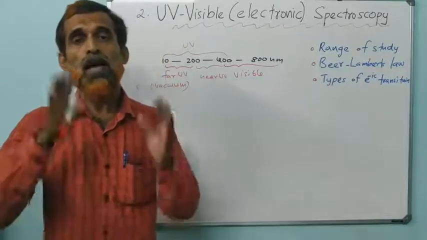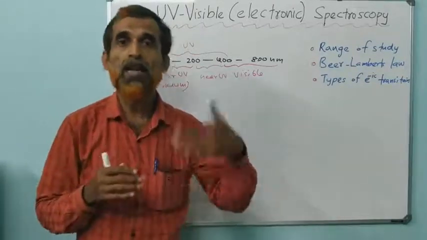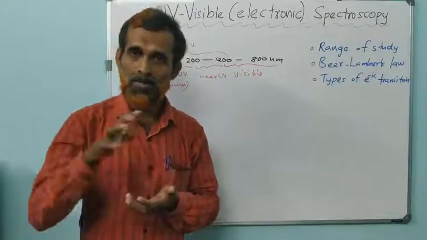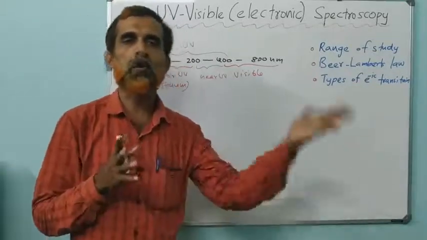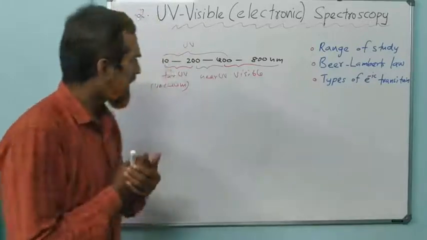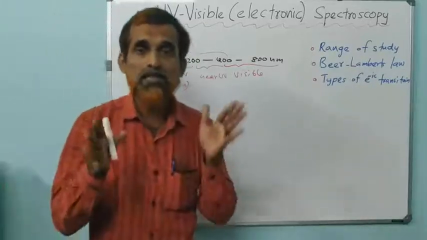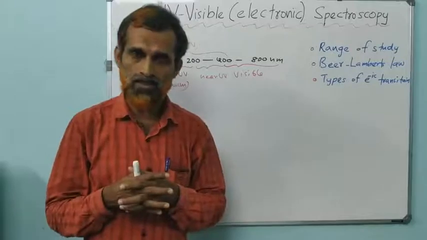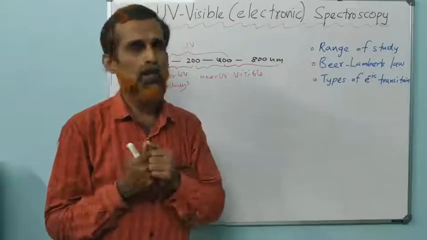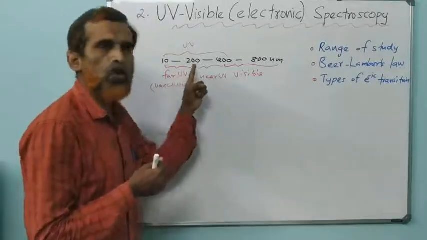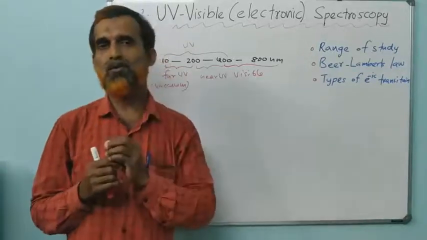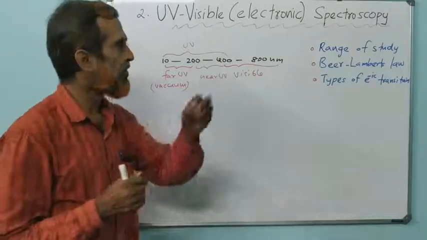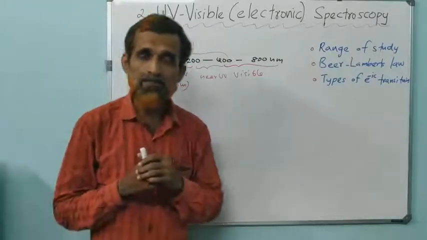Therefore, in every electronic transition, there will be an electric pulse generated so that the molecule can absorb UV visible radiation. Now, molecules in air like N2, O2, etc. are found to absorb below 200 nanometer, right?